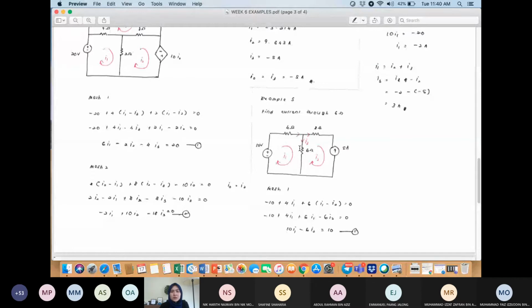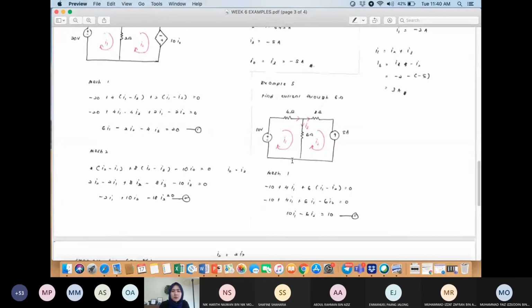Because this is I1 and this is I2, I label this as I3. So now let's do KVL for each loop. For mesh 1, we have negative 10 plus 4I1 plus 6 multiplied with (I1 minus I2) equals 0.